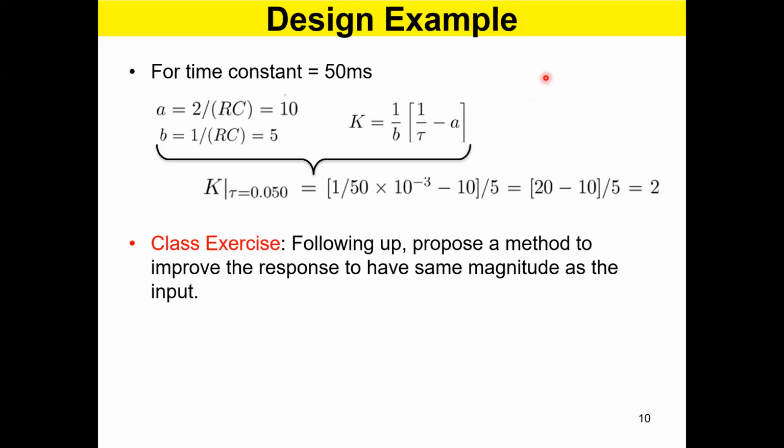So with that, gain for 50 milliseconds is 1 over B, times (1 over tau minus A). So this is 1 over tau minus A, whole thing divided by 5. That is about 2. K equals 2.